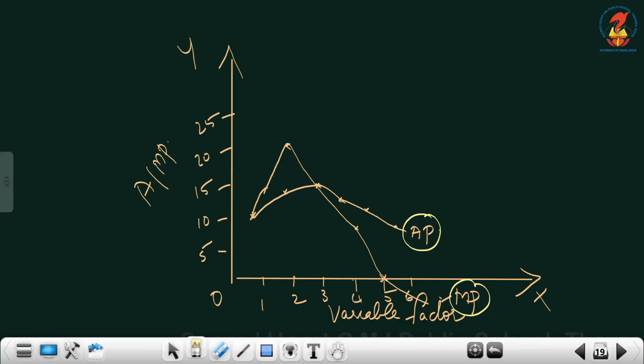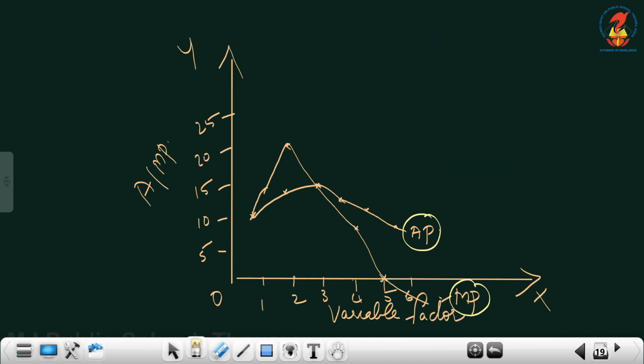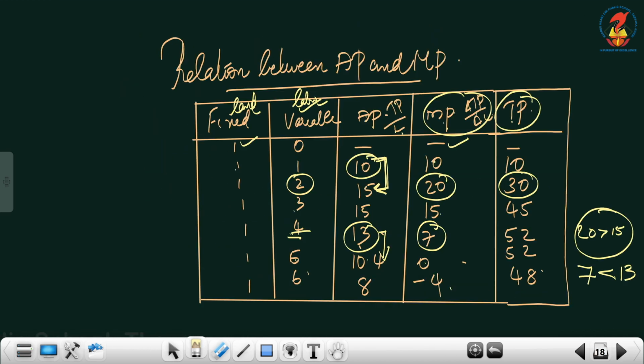Then the next relationship is, when MP is equal to AP, AP is at its maximum, that is third unit of labor. Go to the third unit of labor, you can find, when MP is equal to AP, 15 is equal to 15, AP is at its maximum.